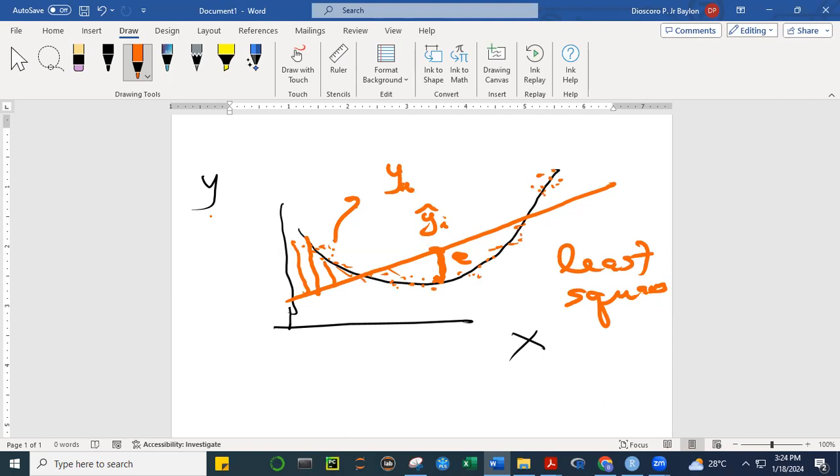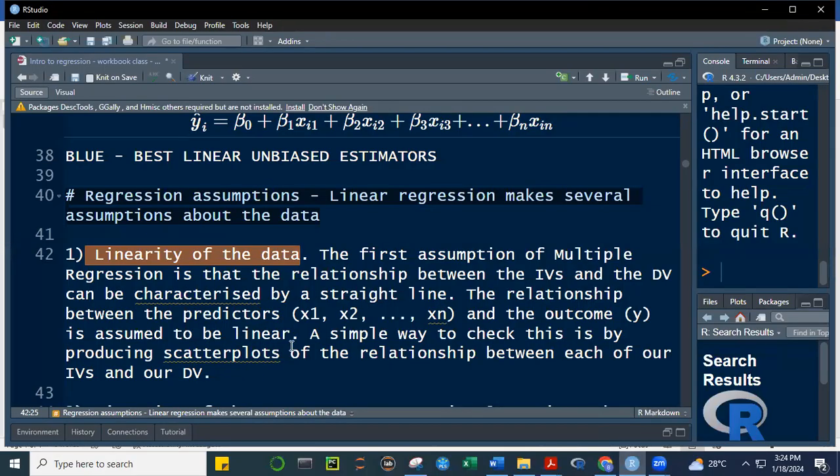Sabi natin kanina, dapat yung pinakamaliit na squared residuals. So perhaps, class, in order to model something like this, quadratic model din dapat ang gagamitin natin dyan and not linear model. Okay? So I hope that's clear, class, itong linearity of the data.